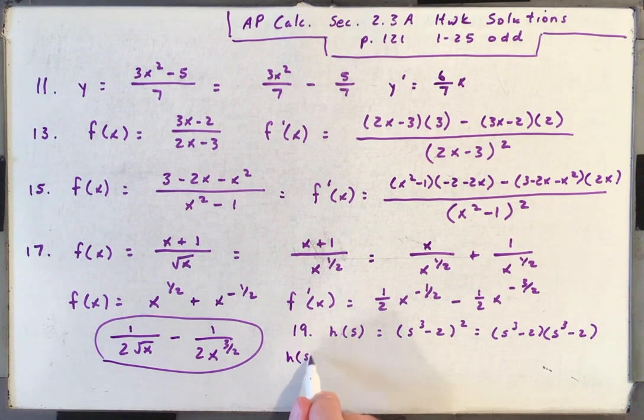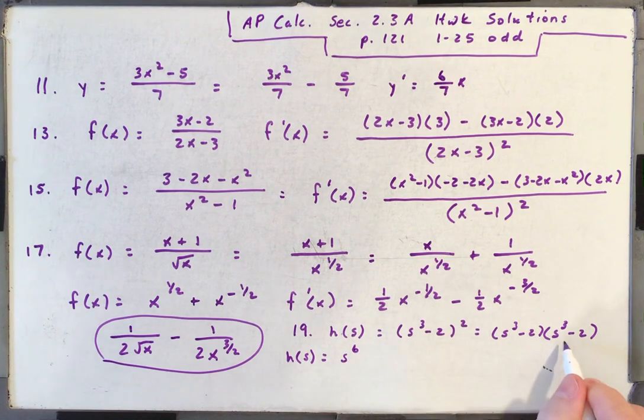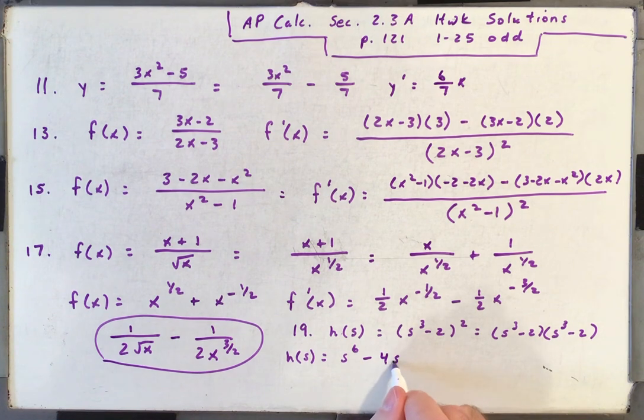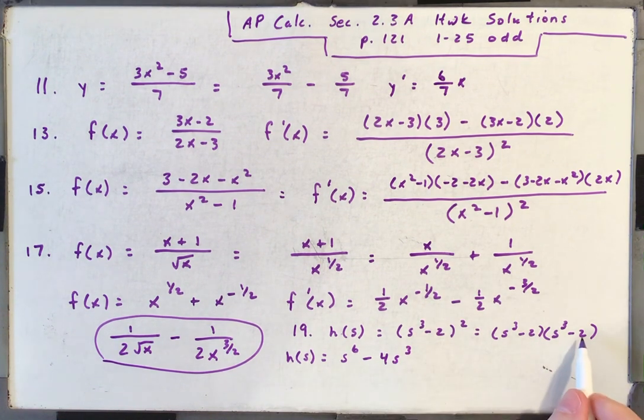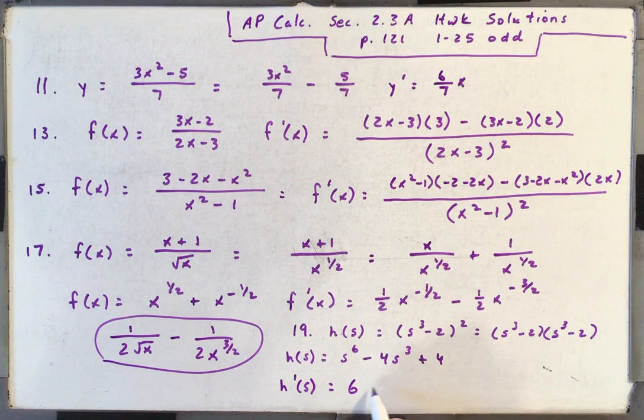So h of s, that'd be s to the 6th, so I'm FOILing this, s cubed times s cubed, minus 2s cubed, plus another negative 2s cubed, so minus 4s cubed, plus 4. So h prime of s is going to be 6s to the 5th minus 12s squared. And then the 4 is 0. So that's all there is to it.